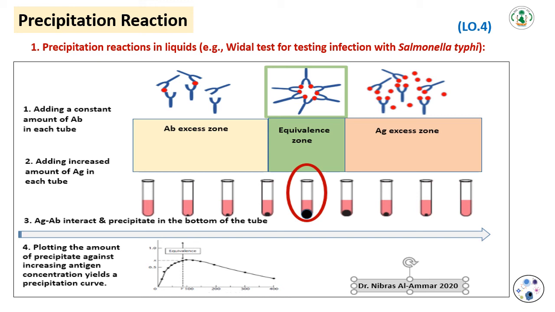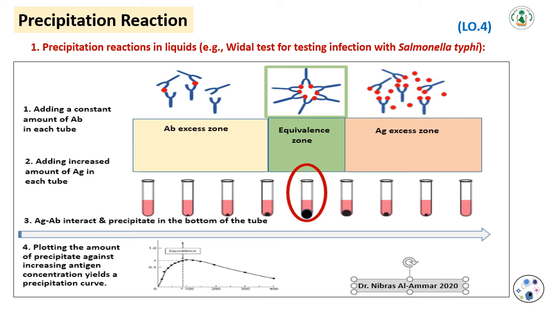In the equivalence zone, as we note in this tube surrounded by a red circle, the antibody is equal to the antigen concentration, resulting in maximum precipitation in the equivalence zone.